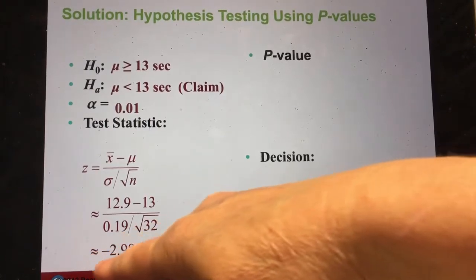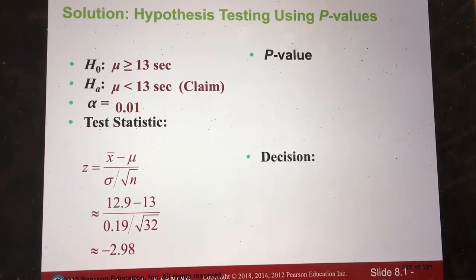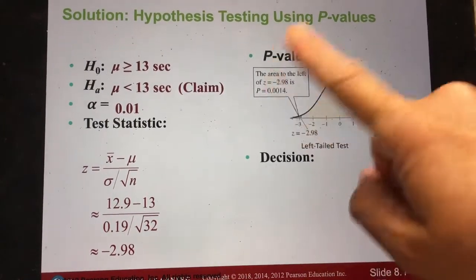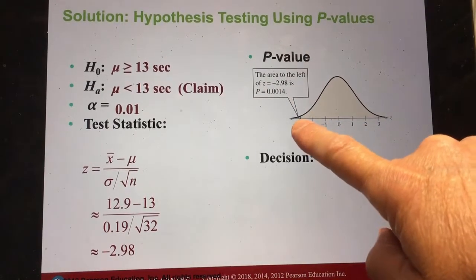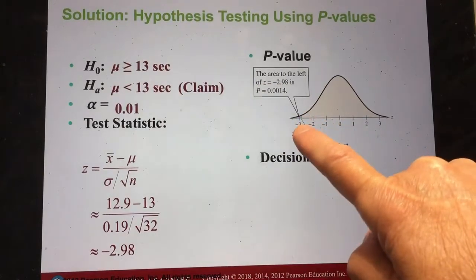Okay, so negative 2.98, when we look at our standard normal table, is going to have 0.0014 in the tail. And this is a left-tailed test, so I do not double it.